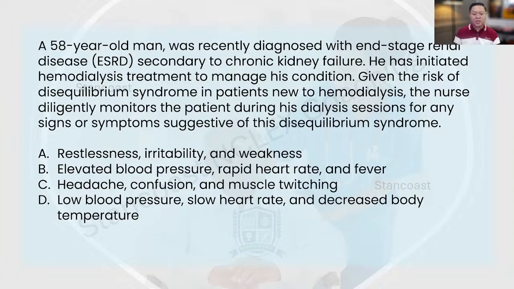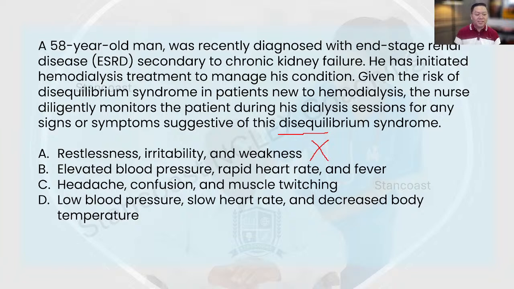But they are not specific to the disequilibrium syndrome, and they can be indicative of other conditions or maybe other complications that could be not related to the rapid solute removal and brain swelling. So we are going to eliminate that. What we are looking for here are those manifestations that are closely associated with the disequilibrium syndrome.